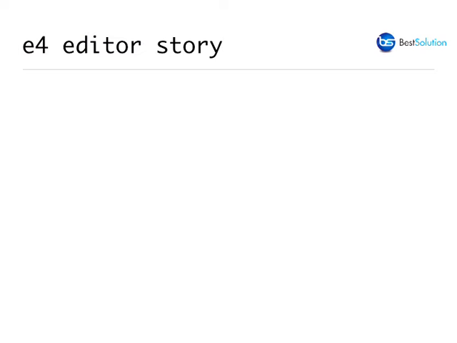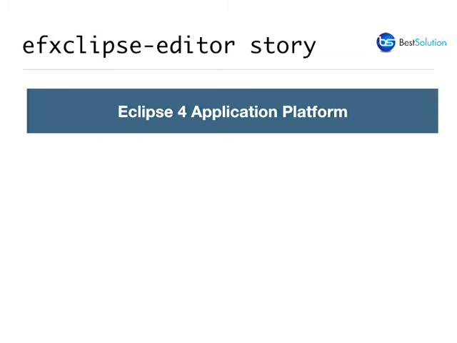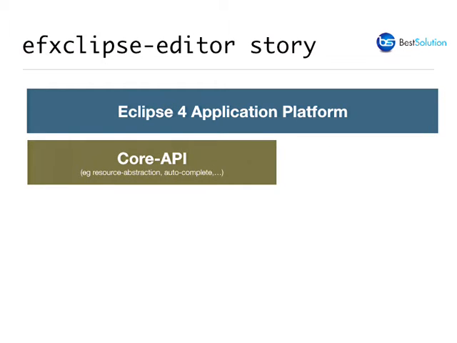So what's the trick, or what's the efxclipse story? We have our application platform. Then we created a core API that, for example, abstracts away the file system and all the stuff.